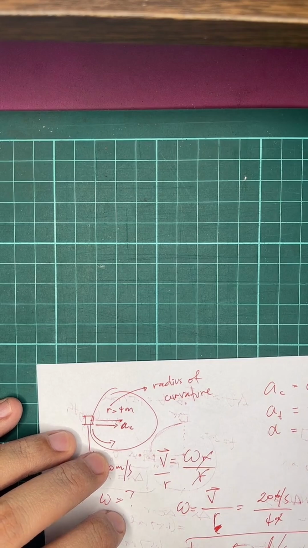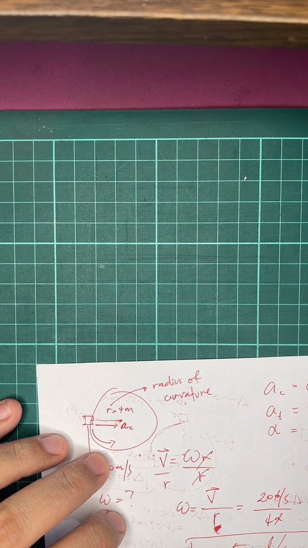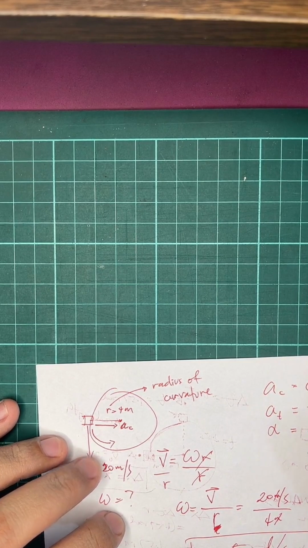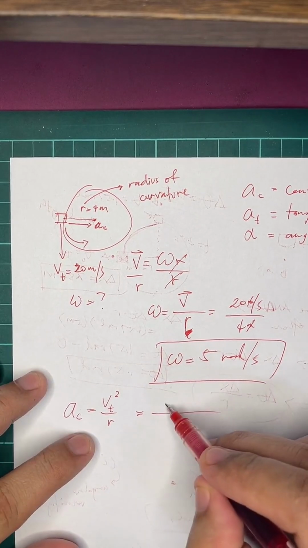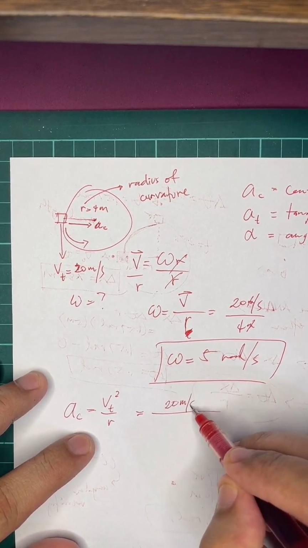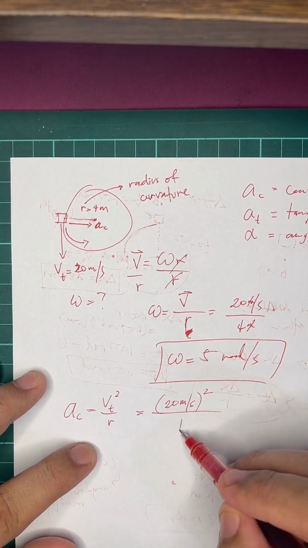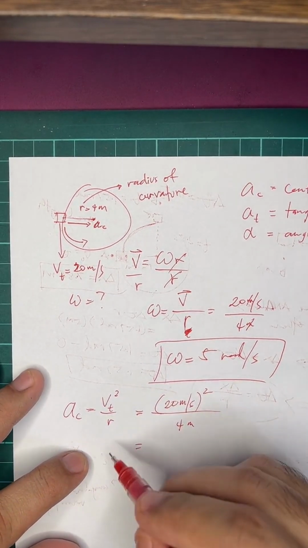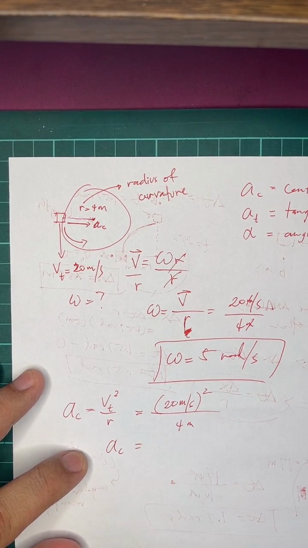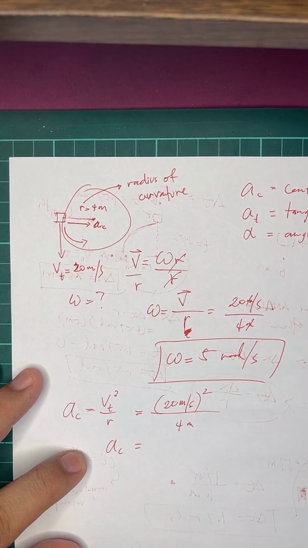What radius of curvature means is how curved is the path that the object travels. So tangential velocity of 20 meters per second squared divided by the radius of 4 meters. That gives us a sub c equal to 400 over 4. That would be 100 meters per second squared.